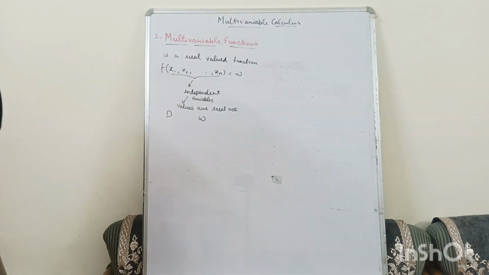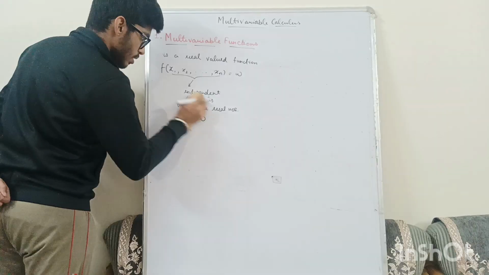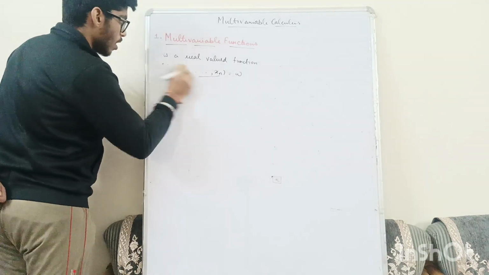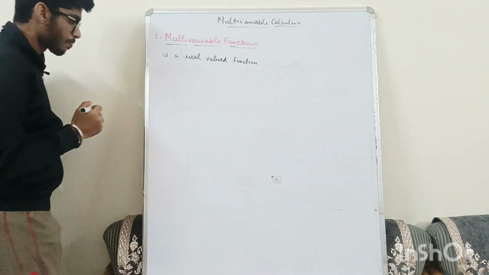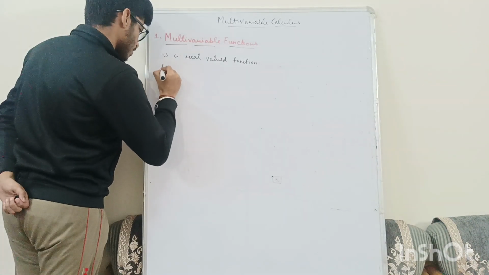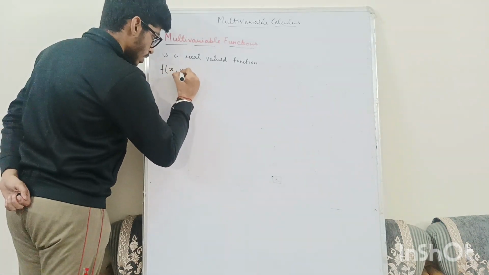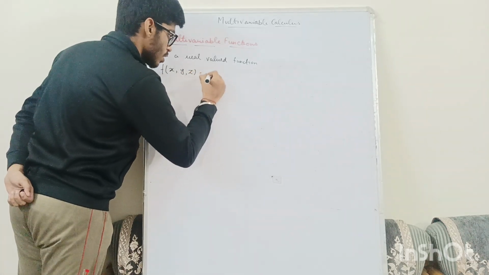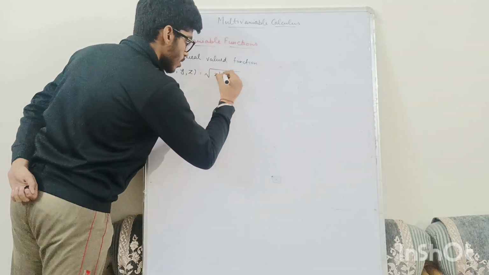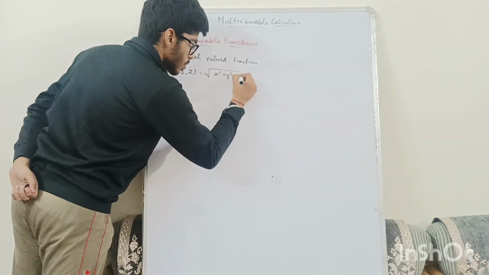So let's look at some examples to get a clearer idea about multivariable functions. Let's say I have a function f of x comma y comma z equals the square root of x square plus y square plus z square.